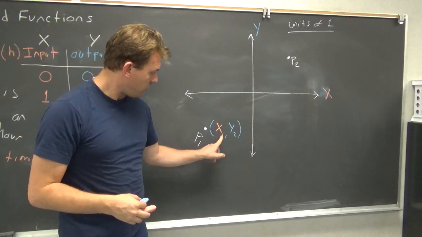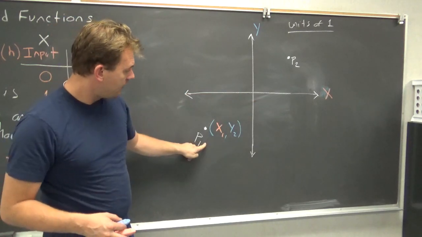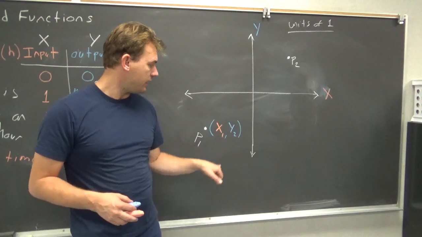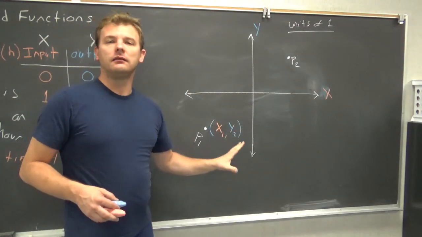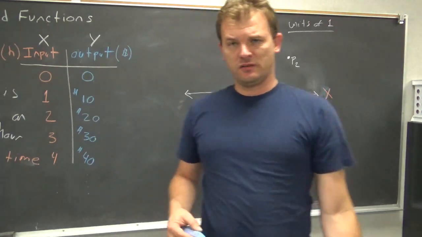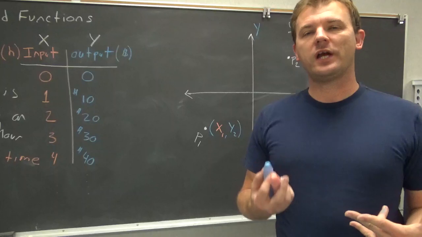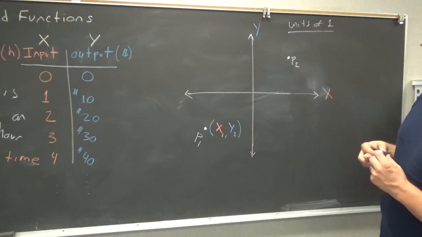Or this should be x, y. Yes, they should be negative, you're right. This should be negative and this should be negative, because remember, you're down, negative, negative. But let's play with the theory first. We're trying to develop some kind of equation out of what our data is.